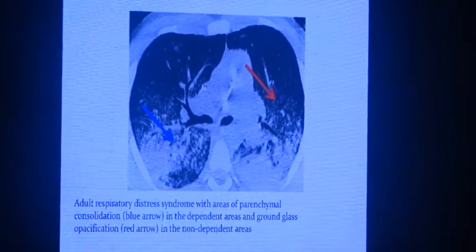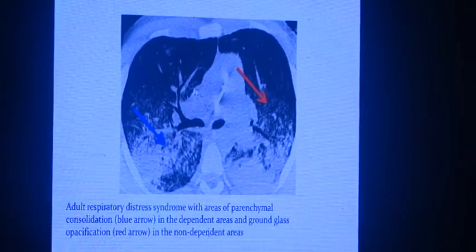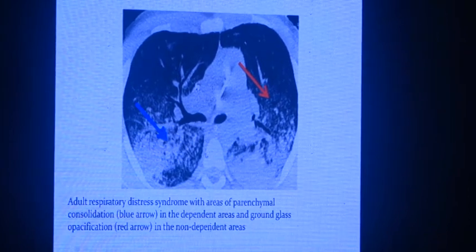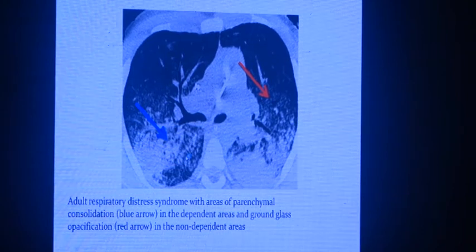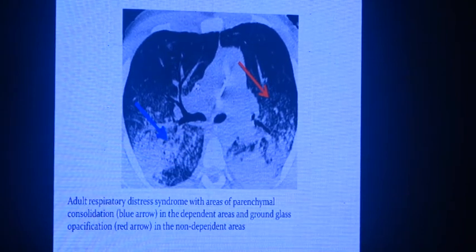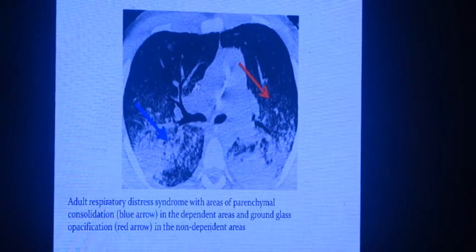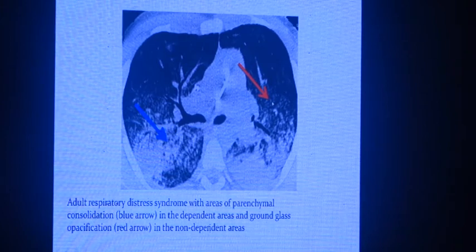Okay, this is the dependent region. These both are dependent regions. In the dependent region there is a consolidation, because it is having an air bronchogram present. Here is the air bronchogram. Along with this opacity, there is a ground glass opacity also.